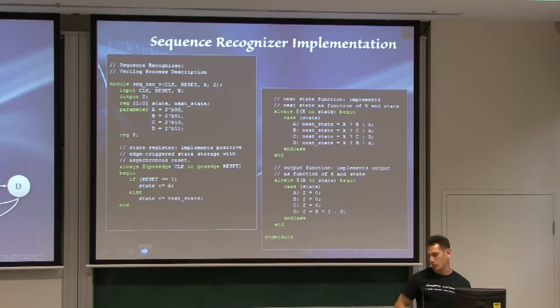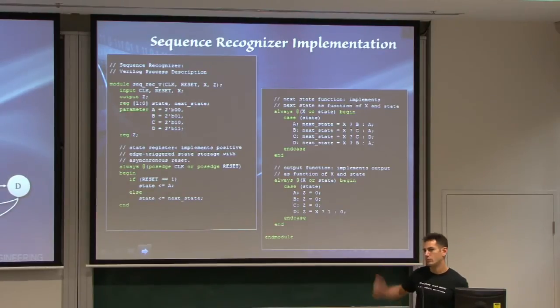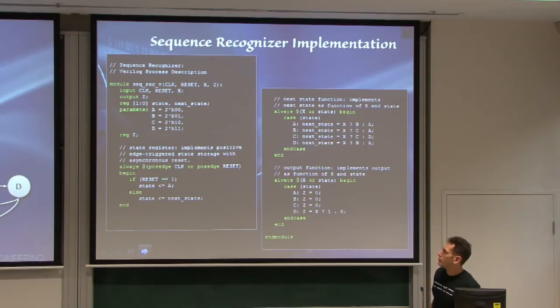This is in fact one of many, many different ways you can go about implementing it. It's one of them, and I do want to go through to see what's going on, the different blocks in this code. The first thing you might notice is that in a way we are giving a high-level description of this state diagram.